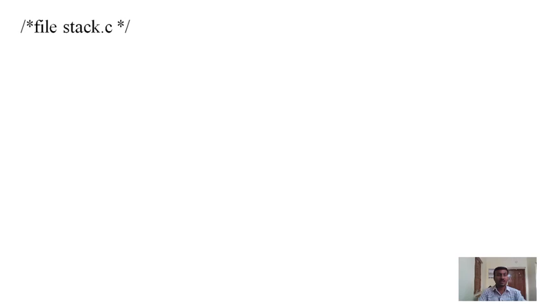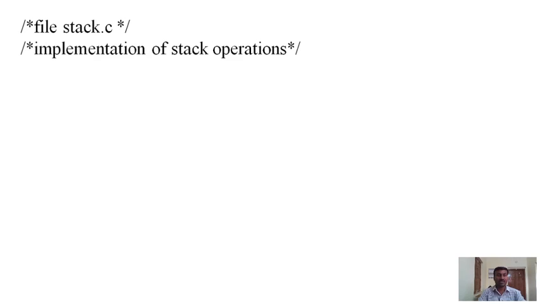The second module is stack.c. Another file is designed for the implementation of stack operations. For that we include the stack.h header file. To interface stack.c and stack.h, we use this include, which acts as an interface between this file and the previously seen file.